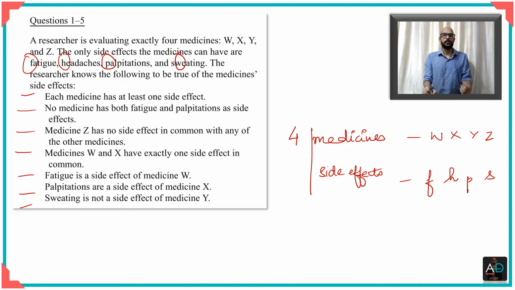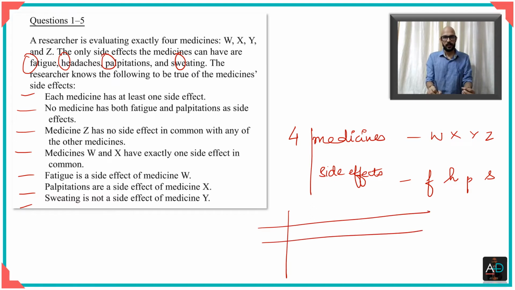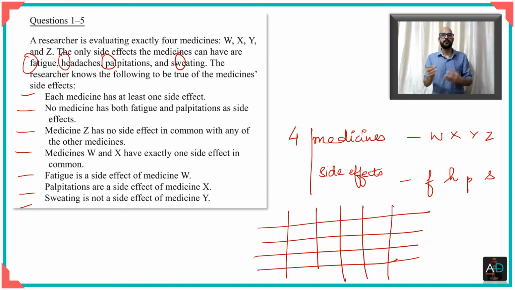Now it's better that when you see something like this, you should make a table out of it. When you have a table, then you can start entering the data that you receive from here more effectively, and then you can keep just this table in your head or even beside you, as we will see once we go ahead in the questions.